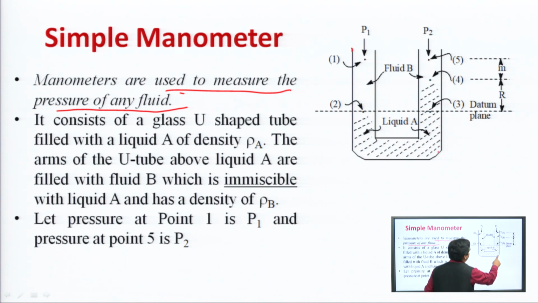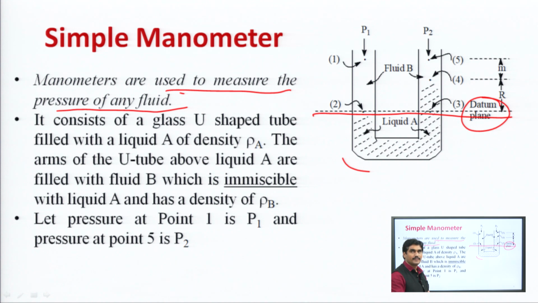This is a U-shaped manometer. This manometer is made up of glass, which is U-shaped. In this manometer, you will find the horizontal plane that is called the datum plane. This is an arbitrary horizontal plane on which we are going to measure the pressure.